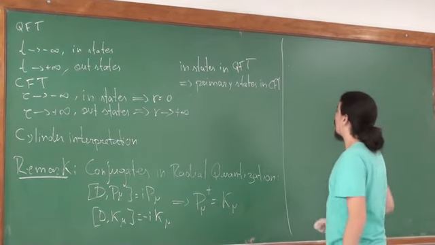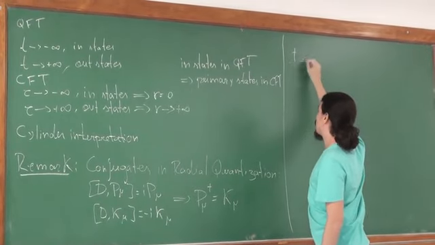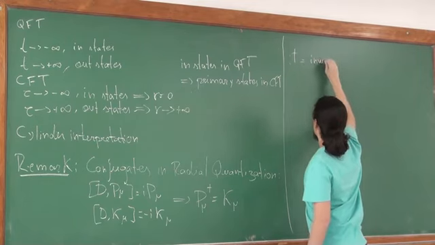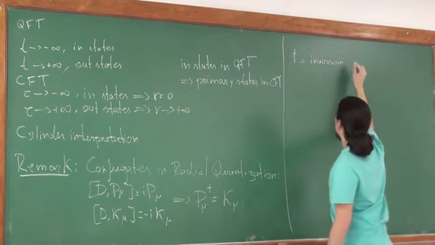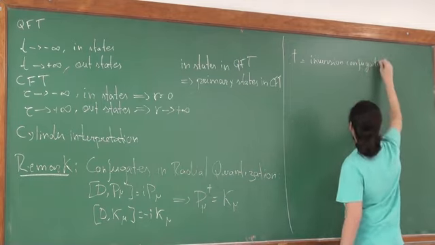In CFTs the dagger symbol corresponds to inversion conjugation. I'm going to remind you why.